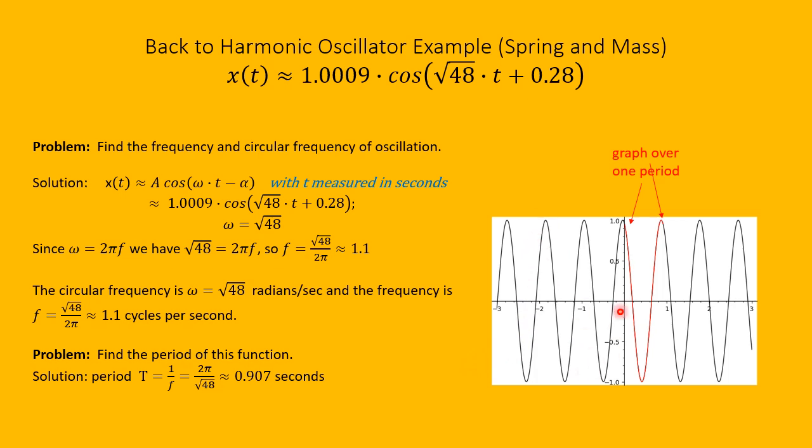Here is the graph of this function x of t, at least part of the graph. The part of the graph between time t equals 0 and t equals 0.907 is shown in red here, and that's the graph of this function over one period, starting at 0 and ending at about 0.907 seconds.